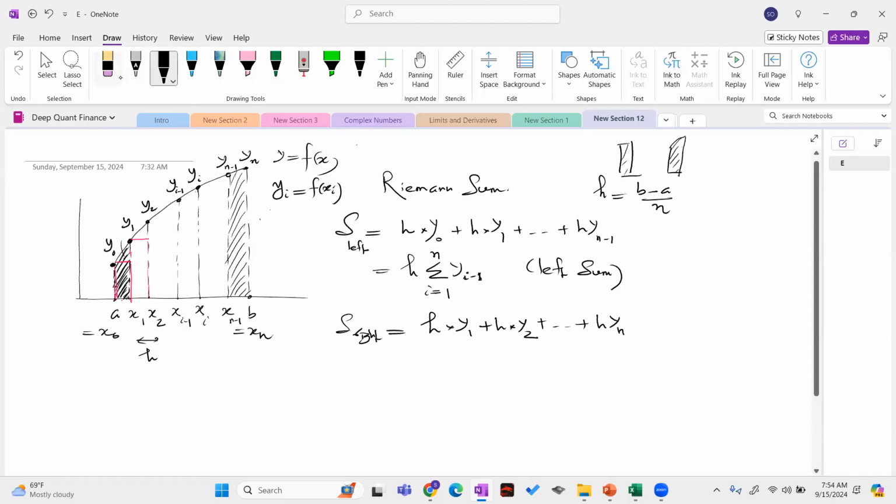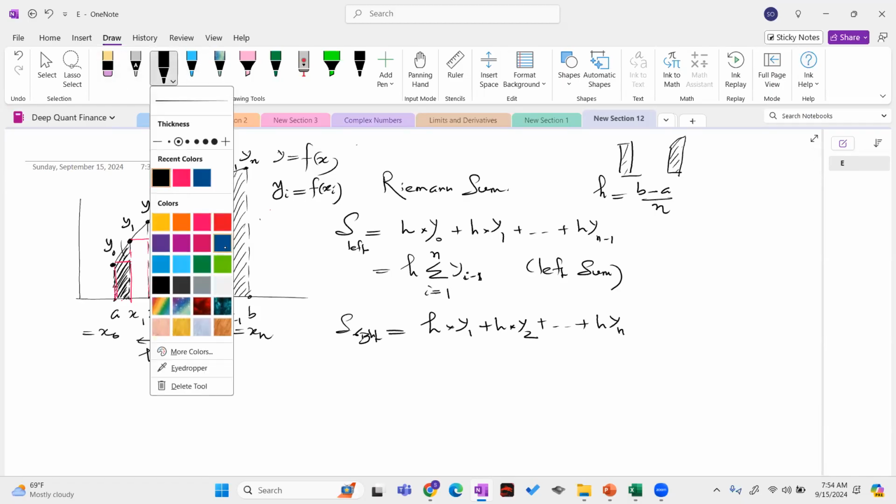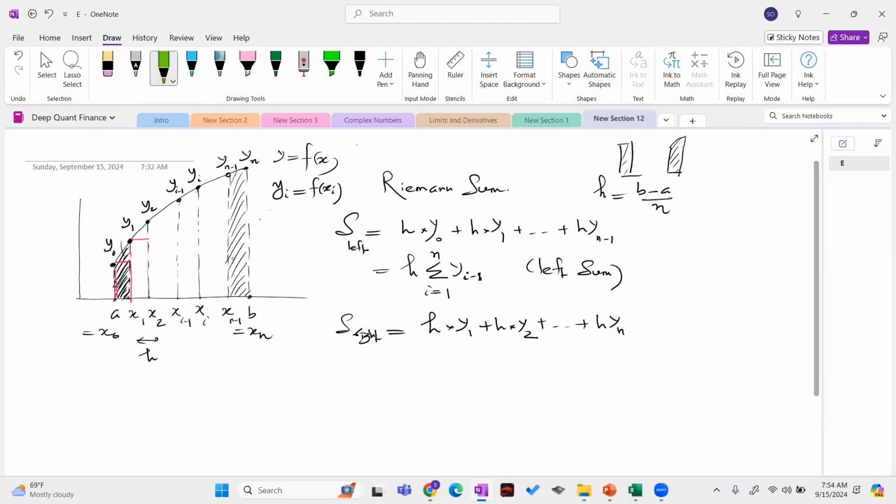So how is the plot for the right sum? If you look at the first region, the rectangle that I'm taking is this rectangle. For the second one, I'm taking this rectangle. And for the last one, I'm taking this rectangle.